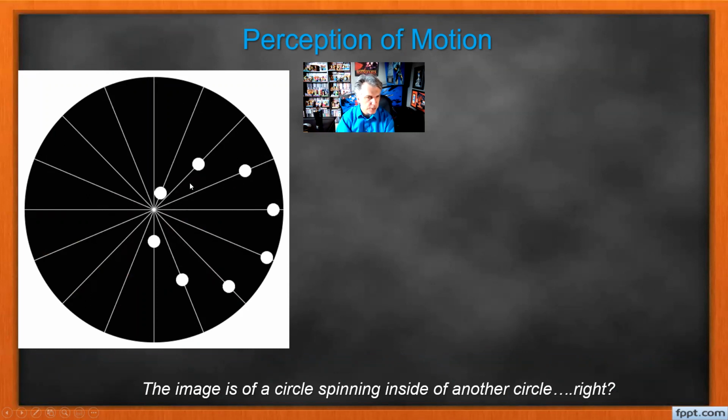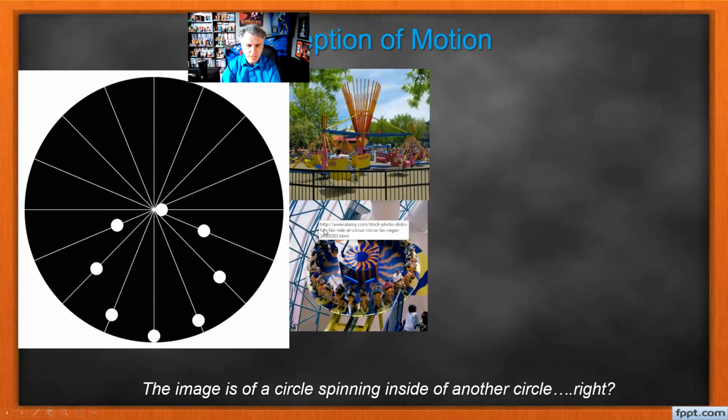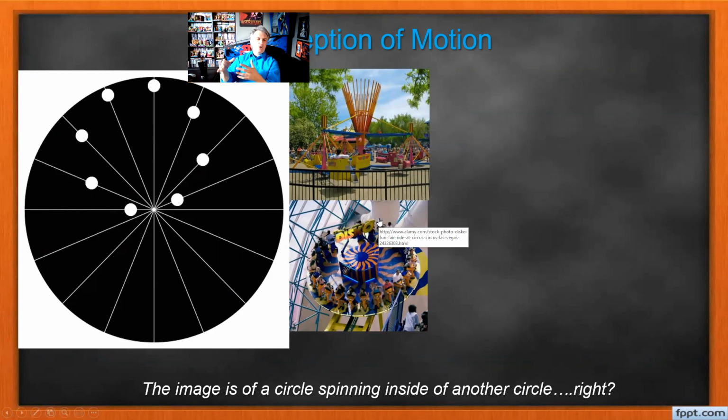Until you focus on just one dot. And you notice these are just single dots coming across a single line. But it gives us this perception of a circle when we look at it, even though the dots are physically just doing that. It's very similar to if you've ever gone to It's Pizza and gone on the little disco thing.